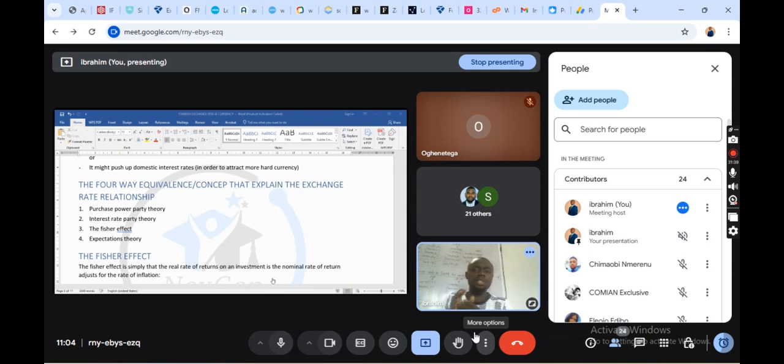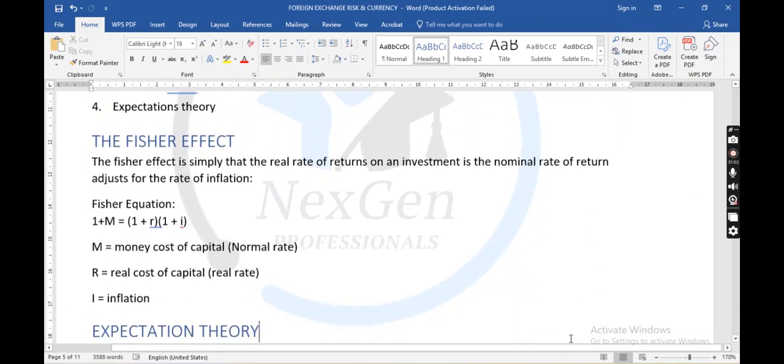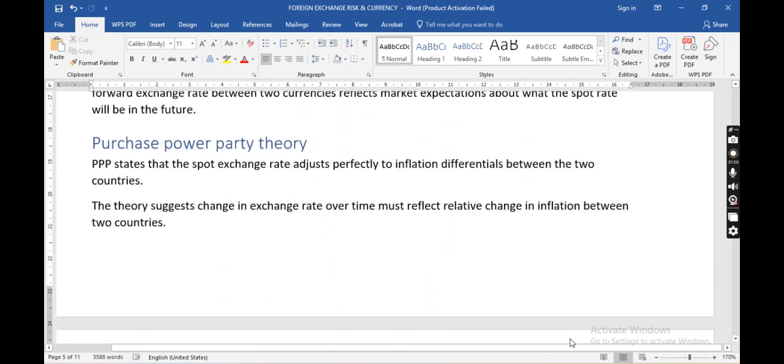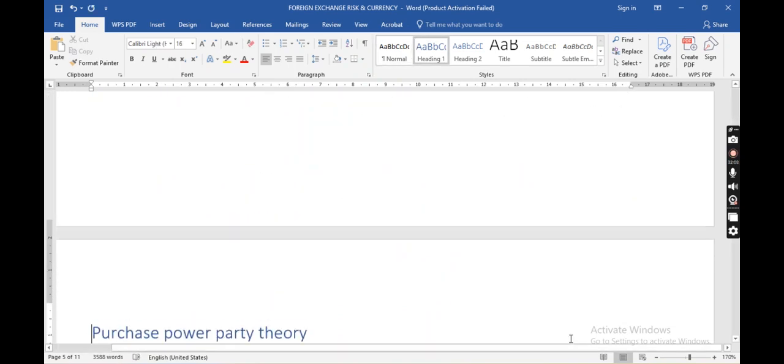But our focus is just two. Fisher effect, we treated under the cost of capital, under the capital budget. So Fisher effect, the inflation and all that, expectation theory, we don't need it here.